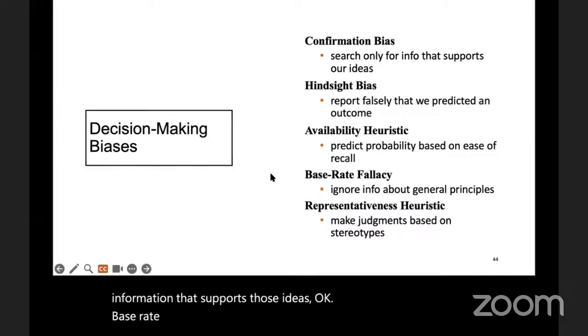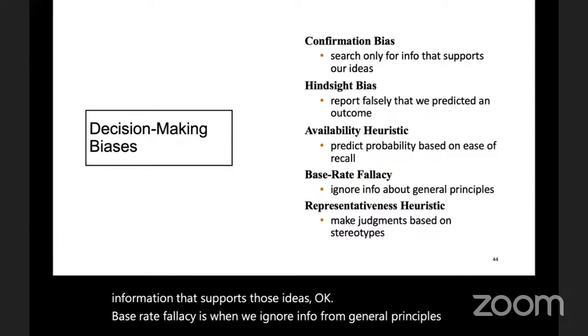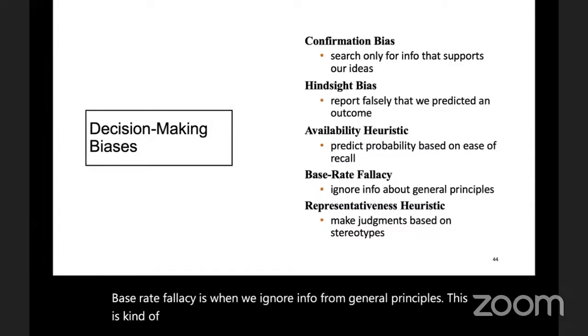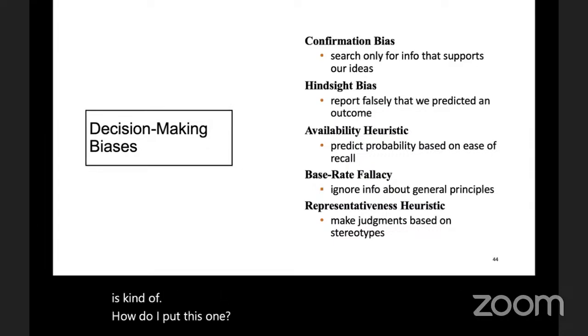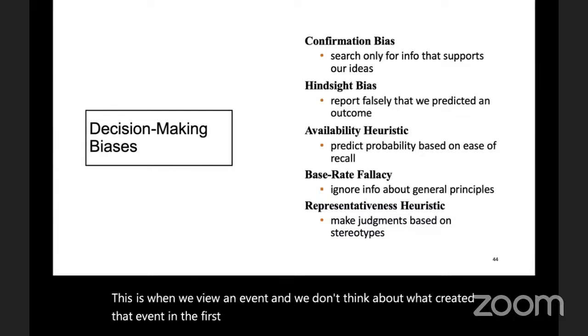Base rate fallacy is when we ignore info from general principles. How do I put this one? This is when we view an event and we don't think about what created that event in the first place. So, for example, mob behavior, or rioting behavior.